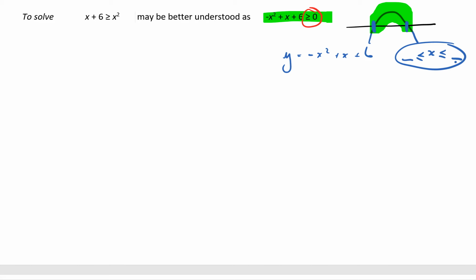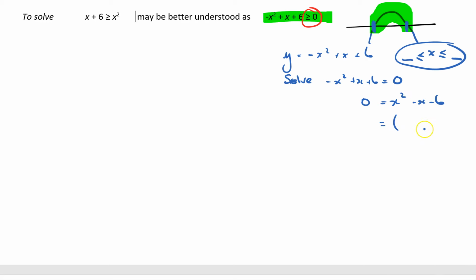So they actually work out to be the intercepts. To find the intercepts, we'll solve minus x squared plus x plus 6 is equal to 0. I would do that, probably the easiest is to swap sides and do x squared minus x minus 6.